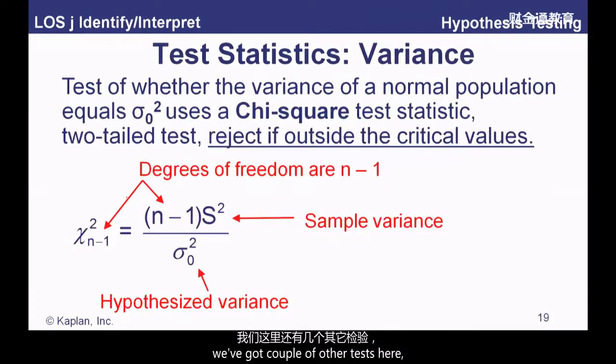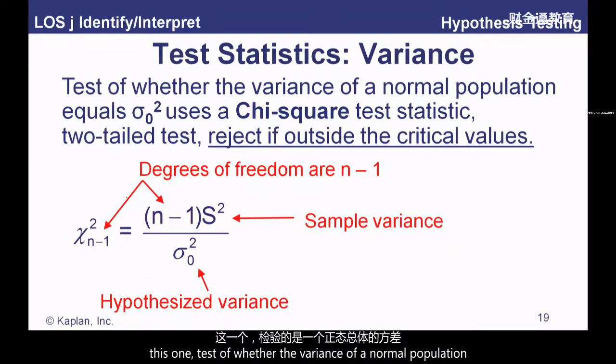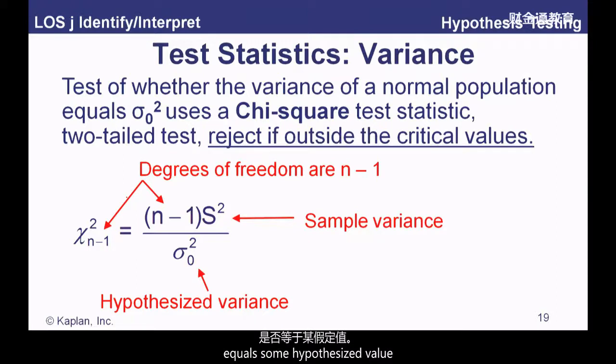We've got a couple other tests here. This one, test of whether the variance of a normal population equals some hypothesized value, sigma squared 0 here, variance sub 0. And this is a chi-square test statistic. It's a two-tailed test. Reject if we're outside the critical values, either too high or too low.